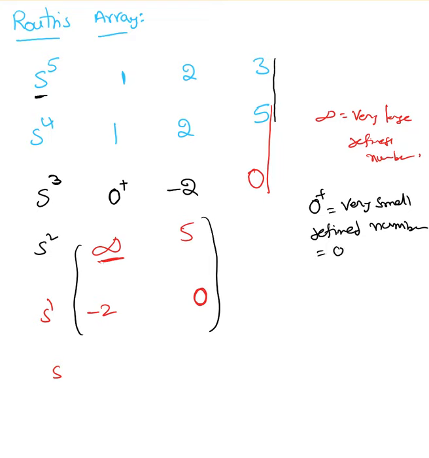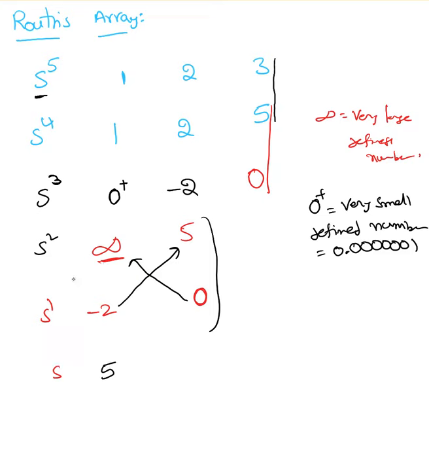It could be like 0.000000001, something like that, and 1 over that number is going to be infinite basically. Now I'm going to multiply these two, and minus multiply those two. A very large number multiplied by 0 is going to be 0. So 5 times minus 2 divided by minus 2, these two get cancelled out, and we'll end up with 5 here. So the element here is 5.